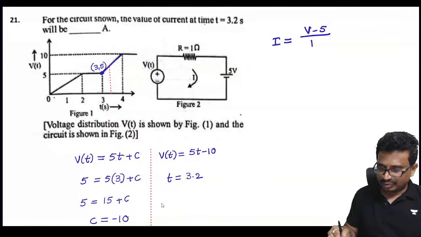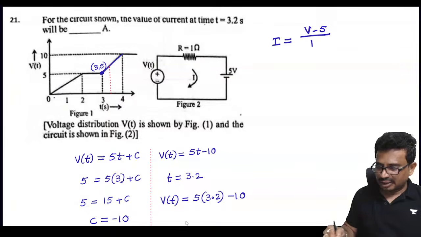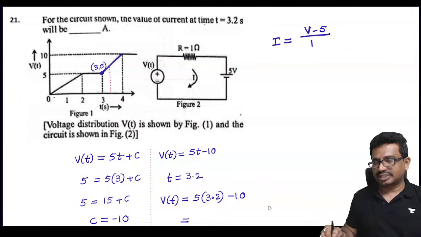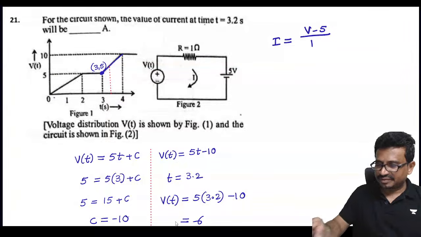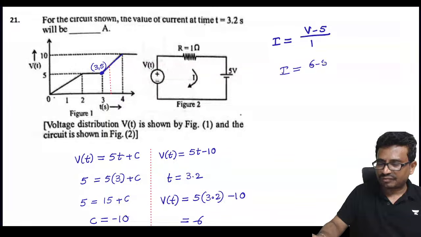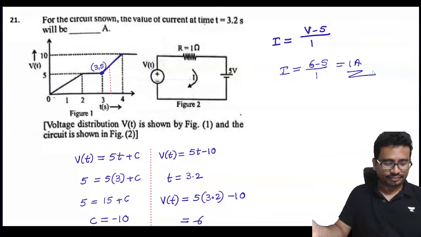Put this value in v of t, which will come to be 5 into 3.2 minus 10. How much is this value? 15, 16. That is 6. So then the I value will come to be (6 minus 5) by 1, which is equal to 1 ampere.